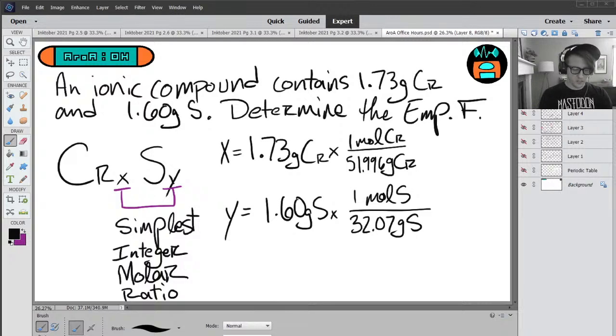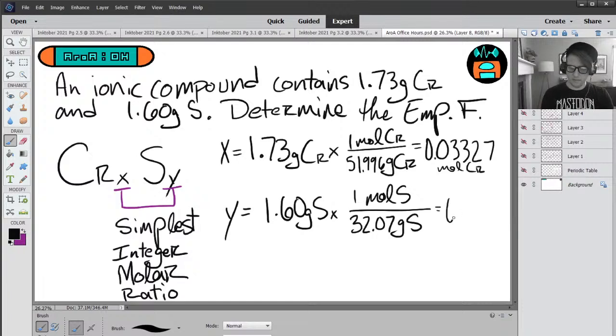All right, so we have 1.73 divided by 51.996. So this is 0.033, we'll call it 27 moles of chromium. Let's see, for sulfur, 1.60 divided by 32.07.